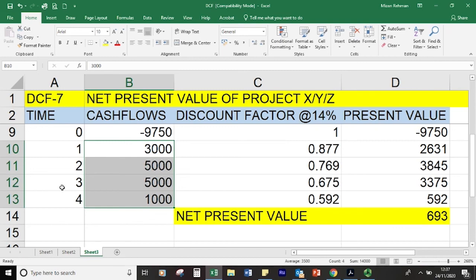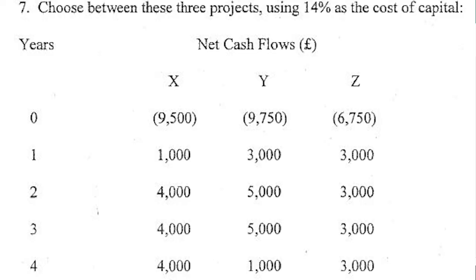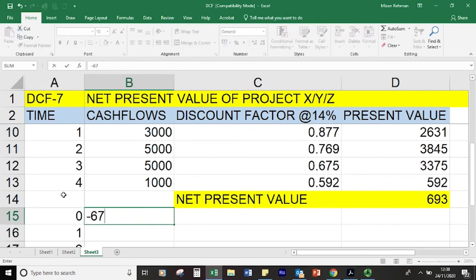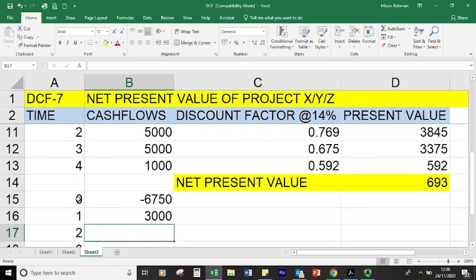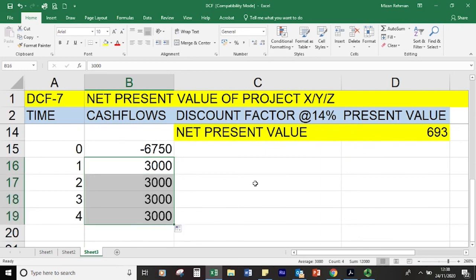Okay, next one, project Z. Let's steal the timeline, and we are investing 6,750, so minus 6,750, and then we are getting 3,000 every year. There we go.